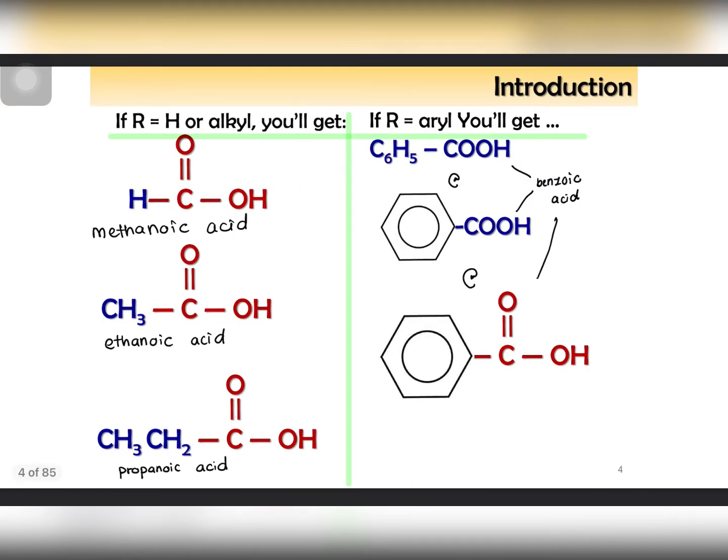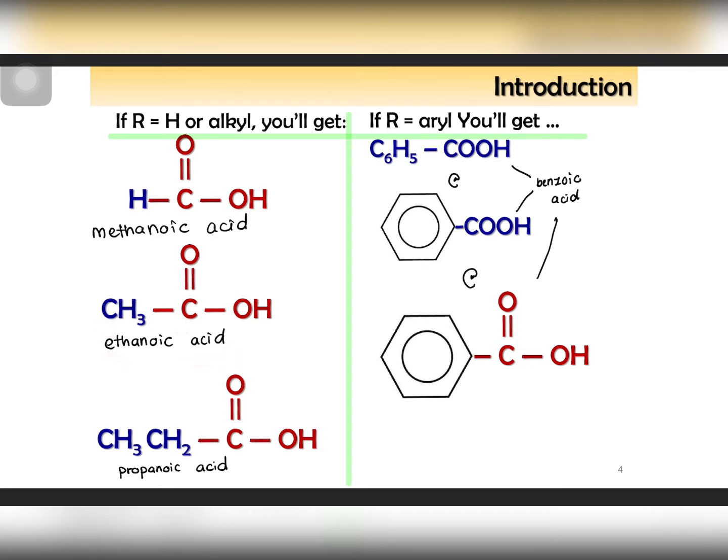Okay, so kalau R tu adalah hydrogen ataupun alkyl group, kamu akan dapat, so ini contoh methanoic acid. Why met? Because you only have one carbon. So basically kita just gantikan, kalau satu carbon, instead of methane, kita gantikan nama belakang dia dengan methanoic acid. And kalau dua carbon, 1, 2, it will be ethanoic acid.